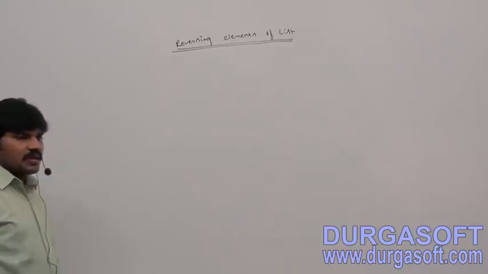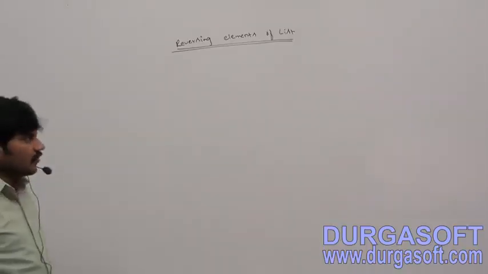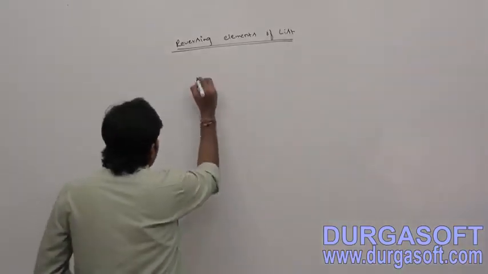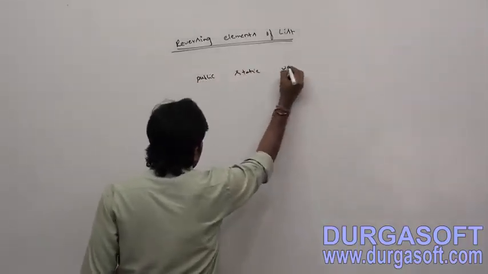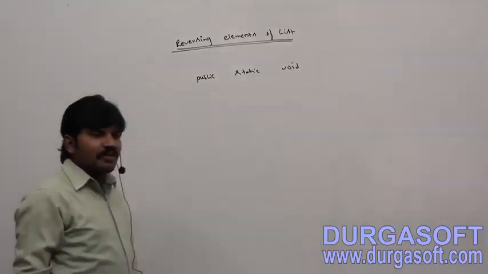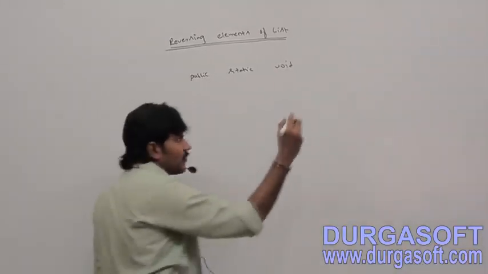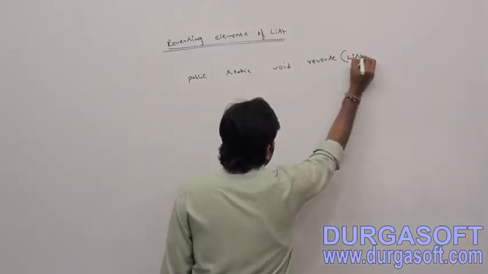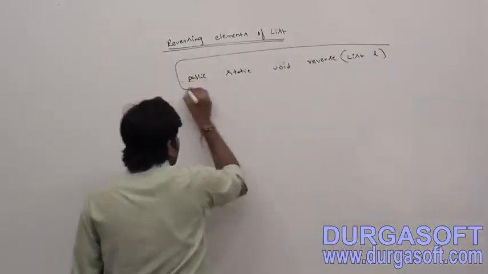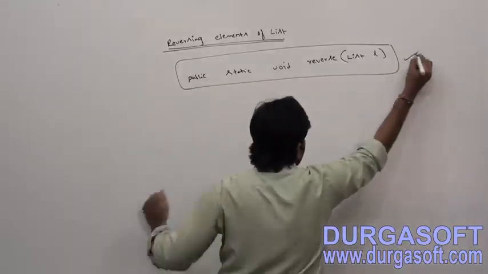Sir, I want to reverse the elements of a list. What is the method we have? Simple, not required to keep much explanation. Public static void, what is the method name? Reverse of list L.